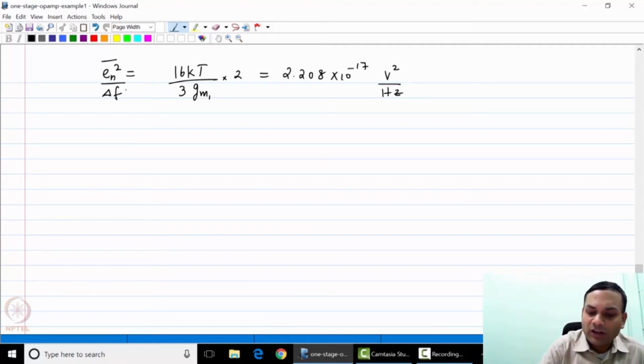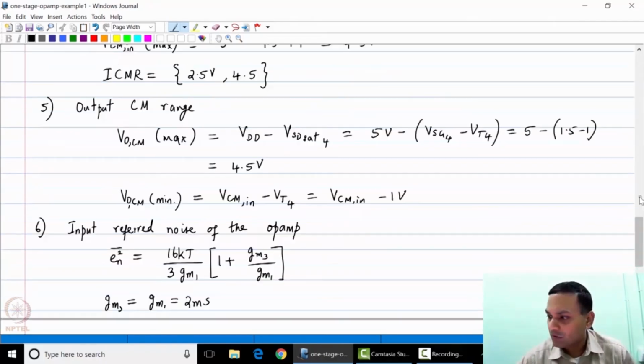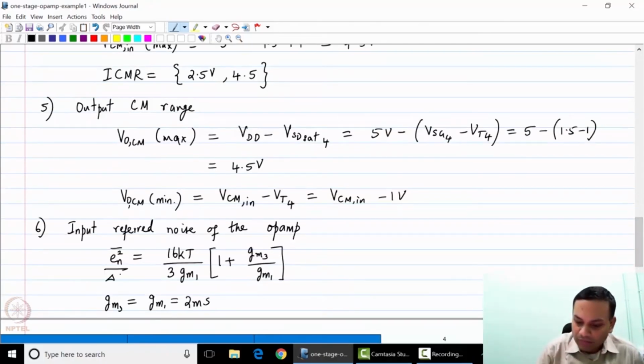Of course, we are always talking about the noise squared voltage density, so I'll make that explicit here.